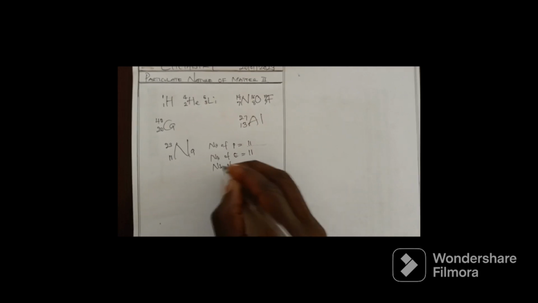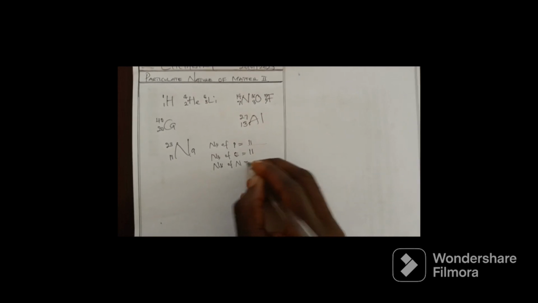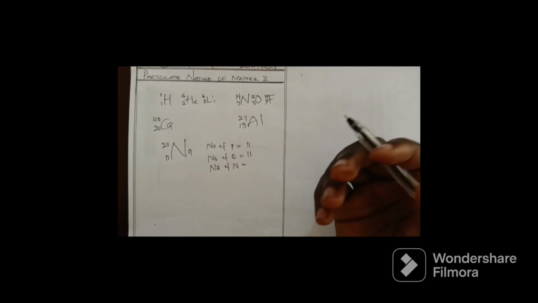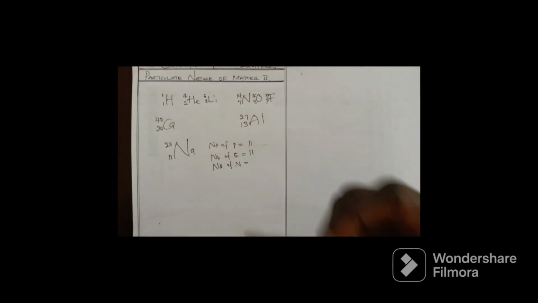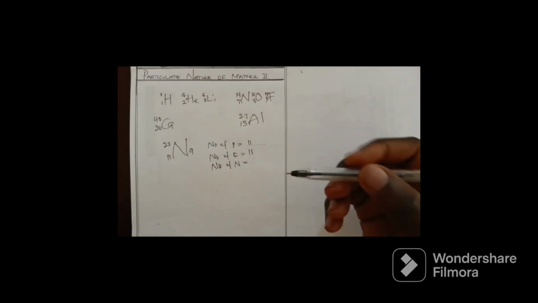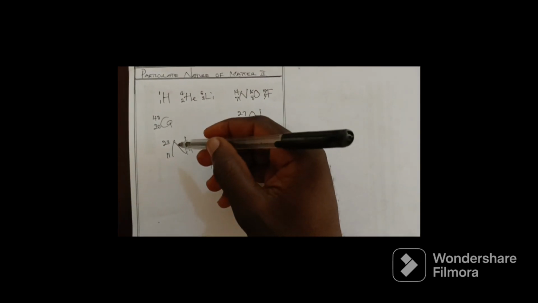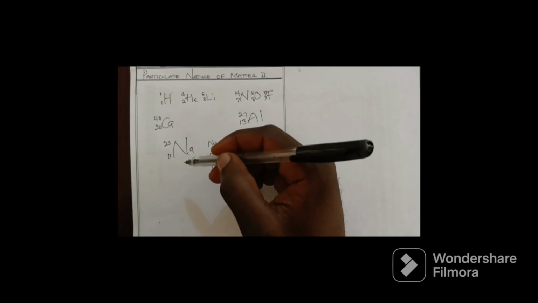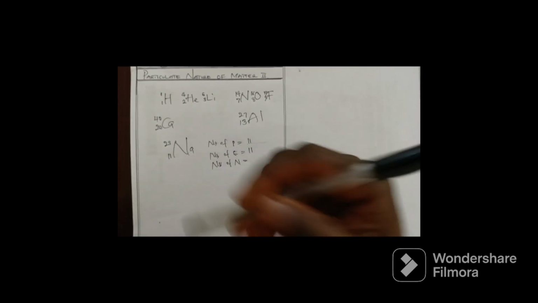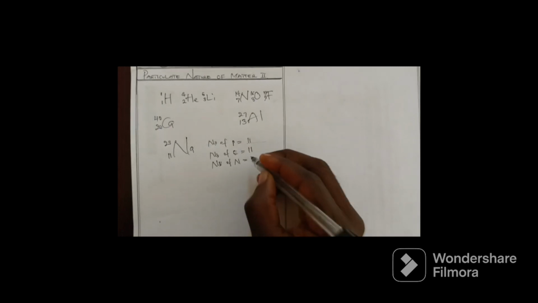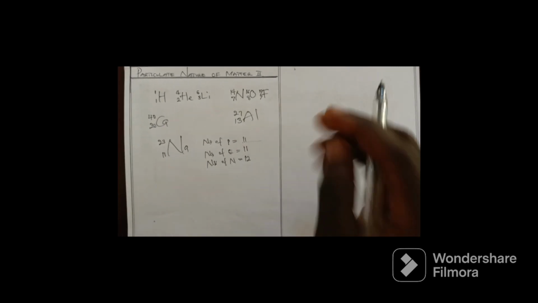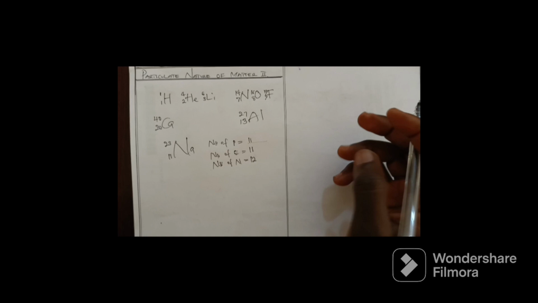Now the number of neutrons, if you want to get that, you just say mass number minus the atomic number, because mass number is the number of protons and neutrons. So the mass number is 23, the atomic number is 11, so 23 minus 11 will give us what? 12. Okay, that is for sodium.